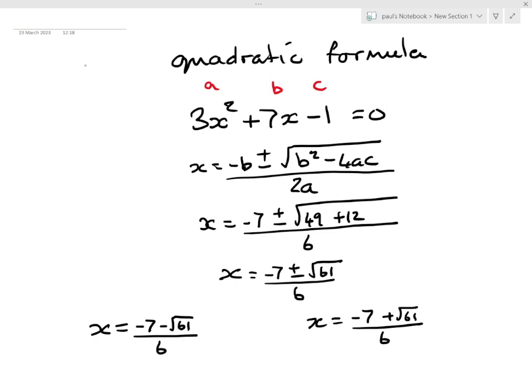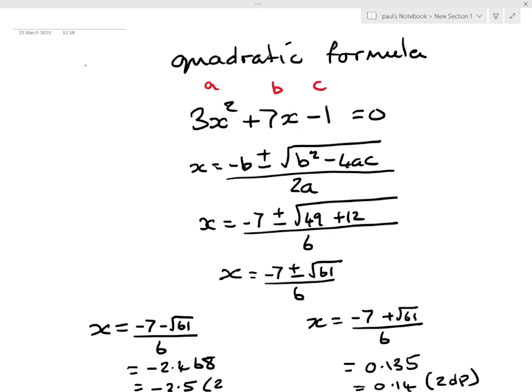The plus one is x is equal to 0.135, which to 2 decimal places is 0.14. And this one, x is equal to minus 2.468, which to 2 decimal places is minus 2.5. Yeah, to 2 decimal places.